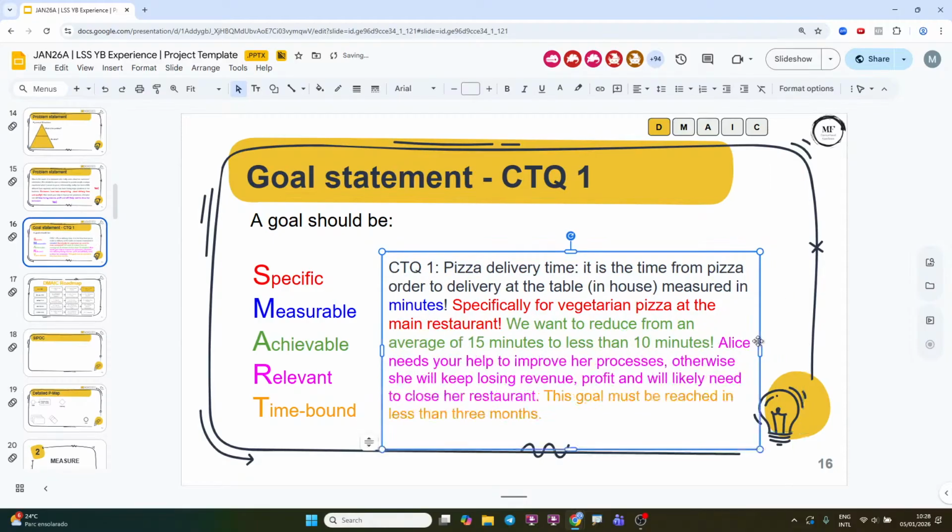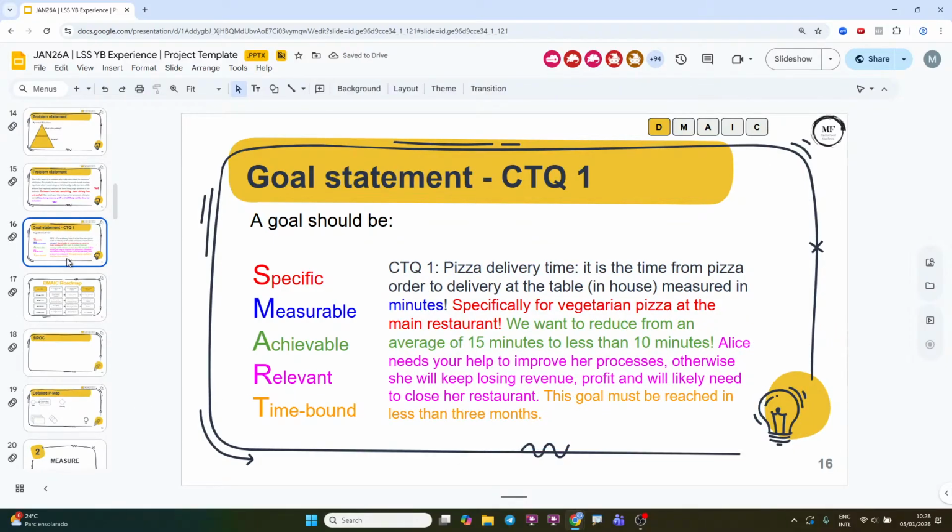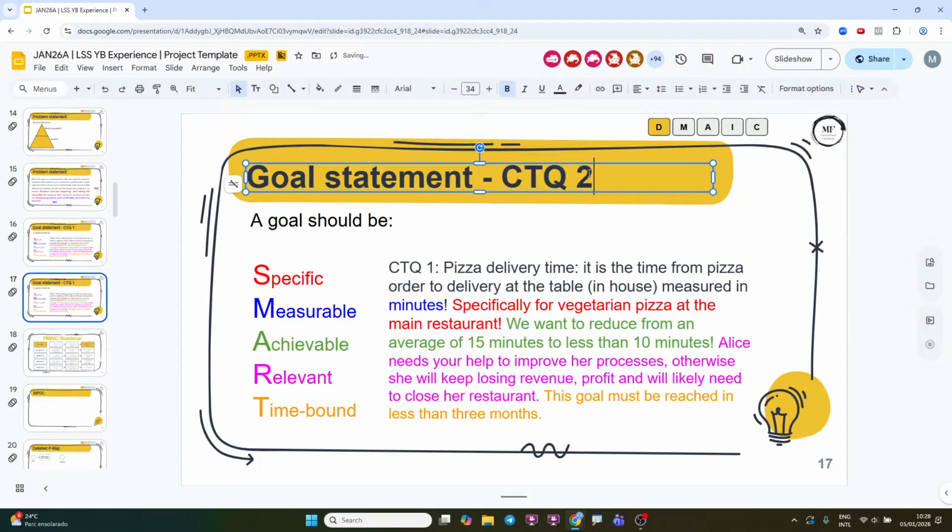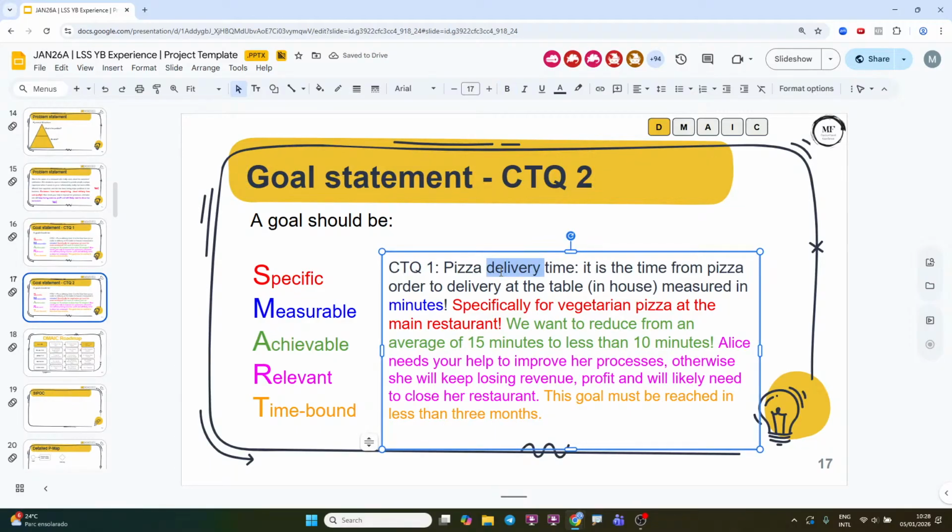Now we need to do the very same thing for CTQ2. Yeah, so Control C, Control V. CTQ2 is pizza quality.